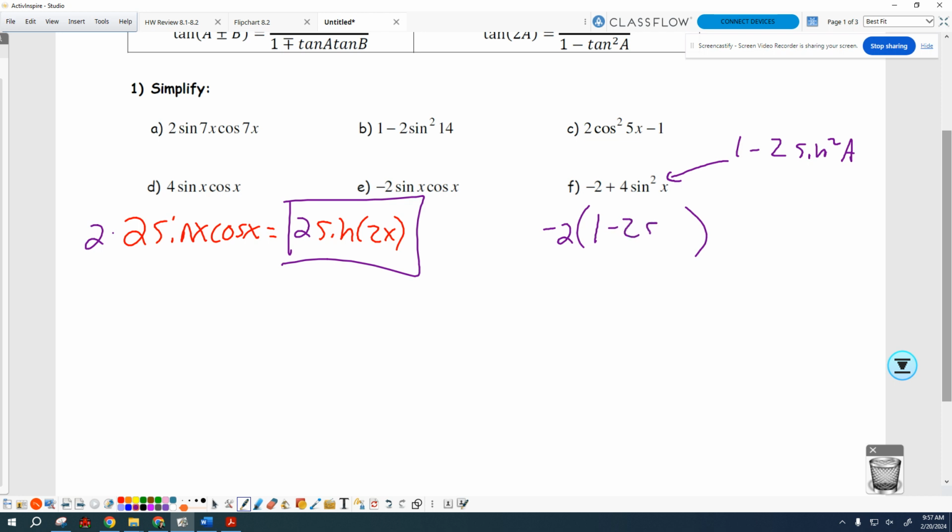That is negative 2. Oh, I see. Okay. Nick, does this now match everything that's on the inside, except it's an X instead of an A? Yeah? So what is this going to become? Look at the formula on the sheet. Cosine 2x.